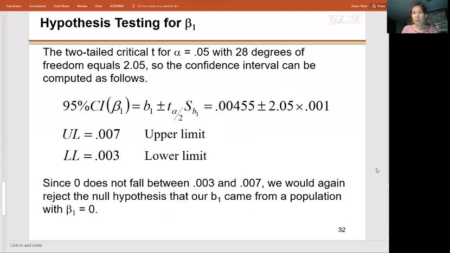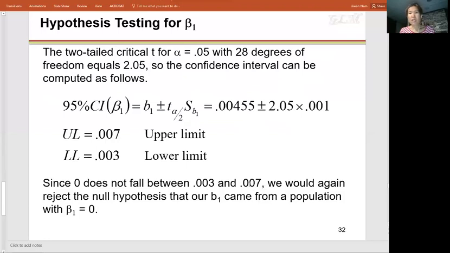Now the confidence interval method. You have a standard error, this guy here, and this is the 2.05 critical value, and this is the b1 slope. Now your upper bound is 0.007 and lower bound is 0.003 for the confidence interval.